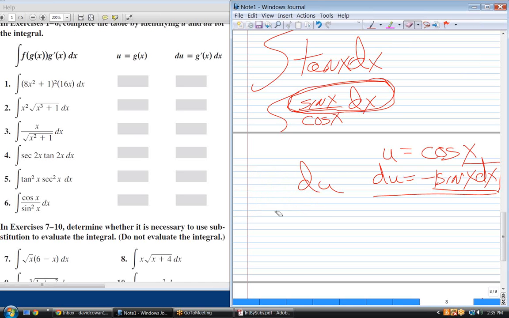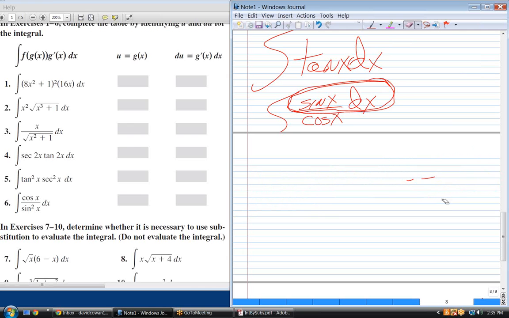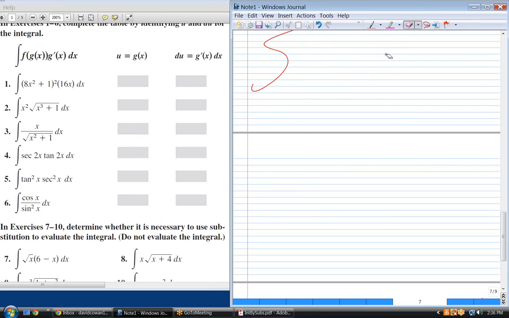All right. Let's look at this next problem, which is similar. Cosine x over sine x squared. What am I going to let u equal to?